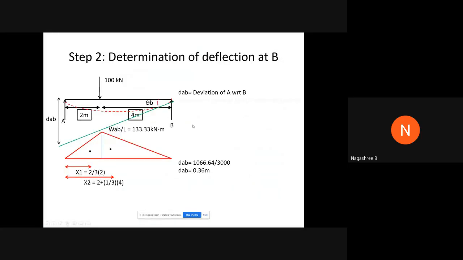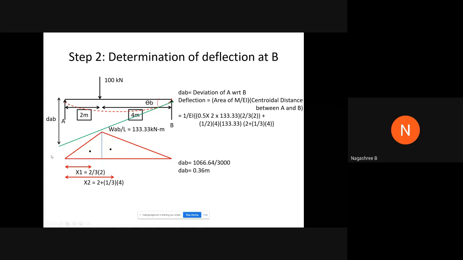Here, as I said, we have the centroidal distance from A. Take the blue color line as a reference first. From this point, it is 1/3 of the base, so it is 1/3 of 4. But our reference point is A, so we are supposed to add that distance. So it is 2 plus 1/3 of 4.